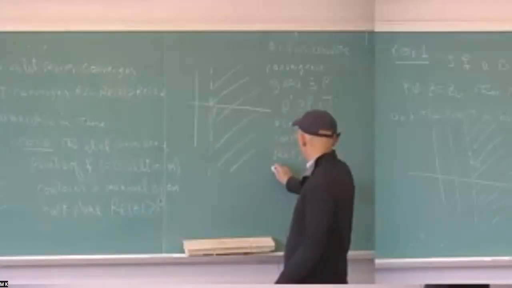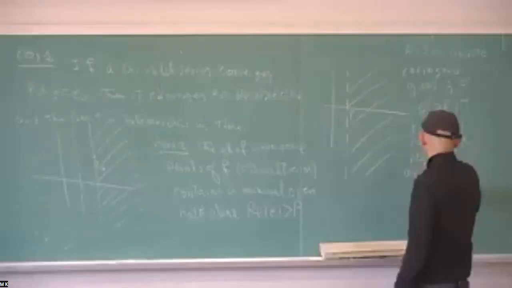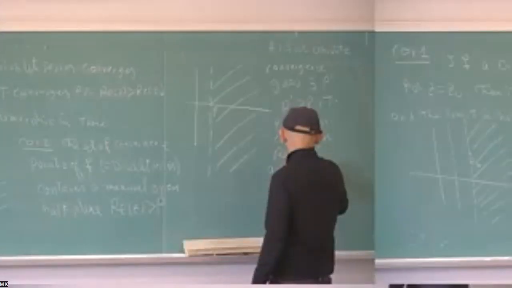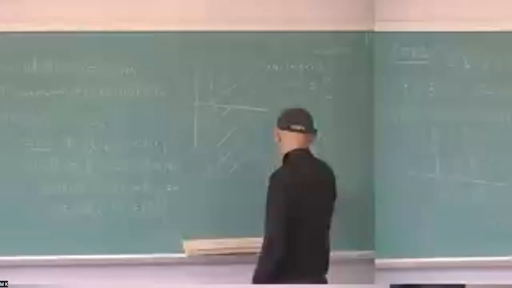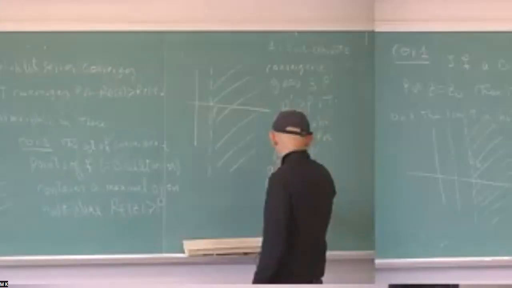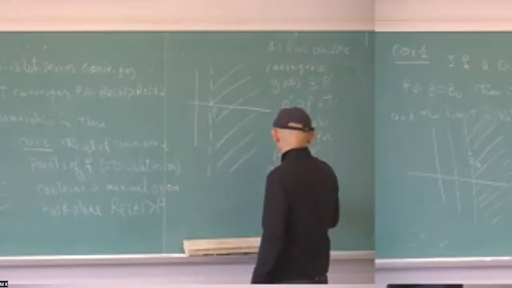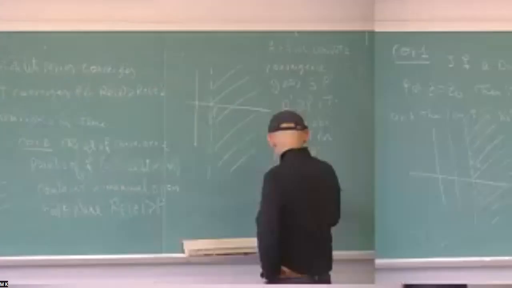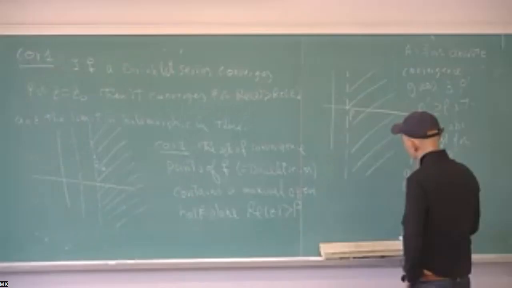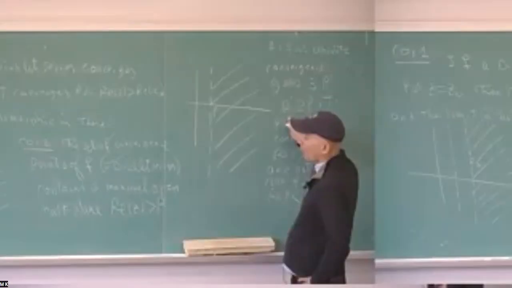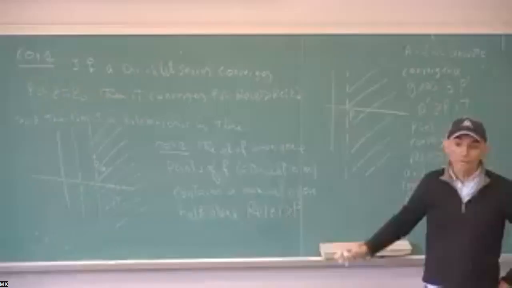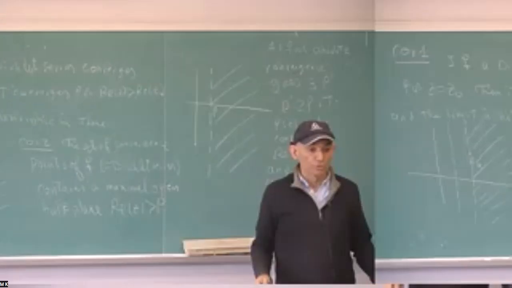And obviously, this rho prime has to be bigger than or equal to rho, because if something is absolutely convergent, it's of course convergent, not vice versa.